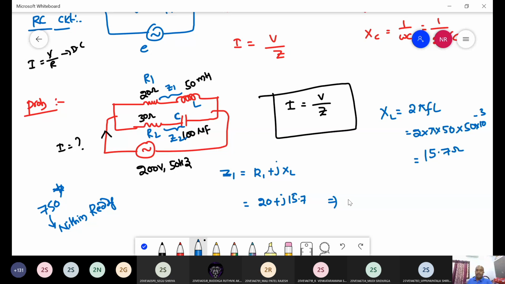Here I need the angle. Then convert it. That is Z1.